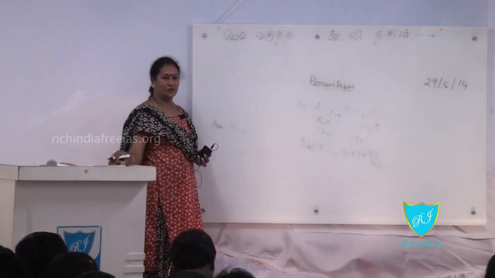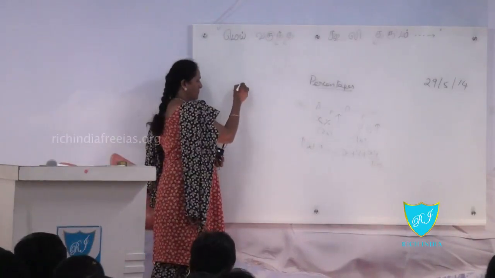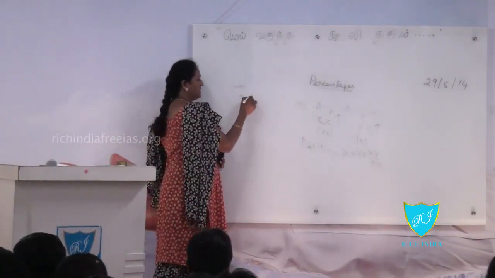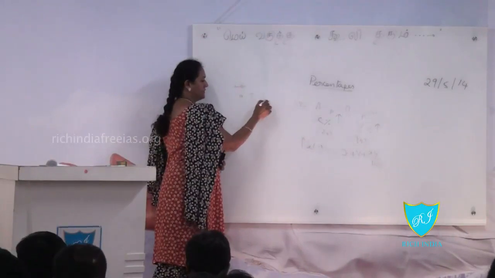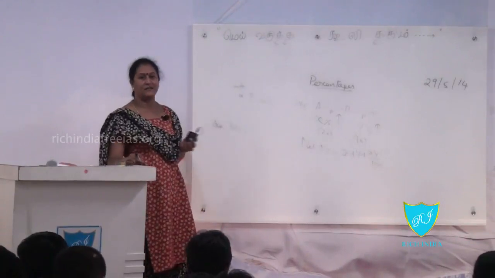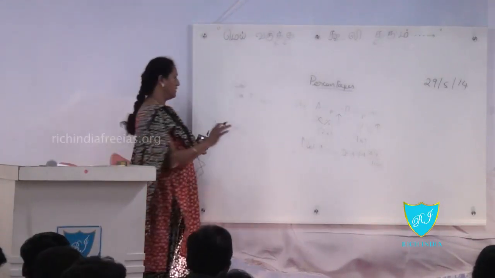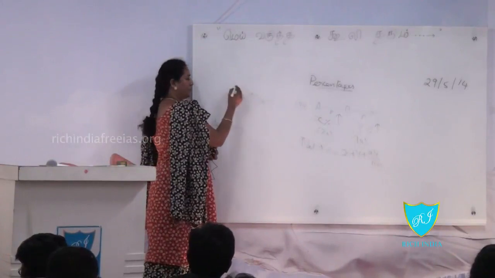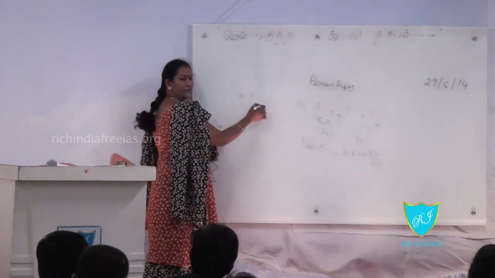Suppose for a cube, the side is increased by say 10%. What will be the increase in its lateral surface area? For a square we will take, for a square the side is increased by 50%.